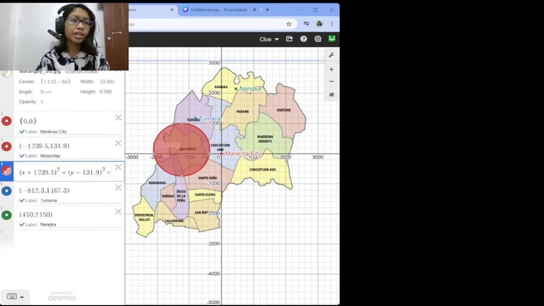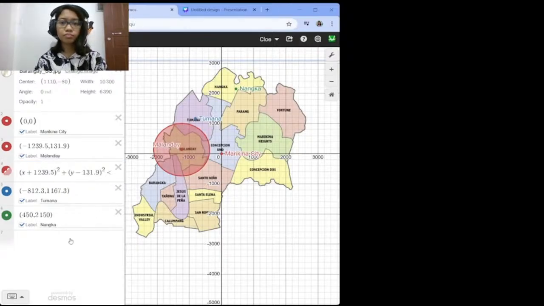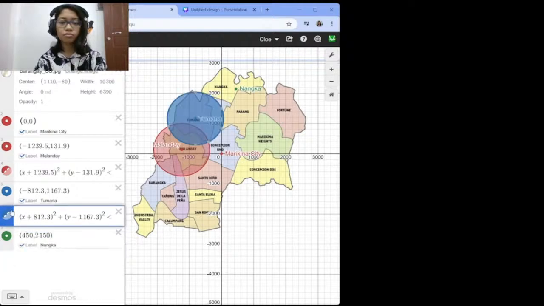Followed by Barangay Tumana. And then Barangay Nangka.